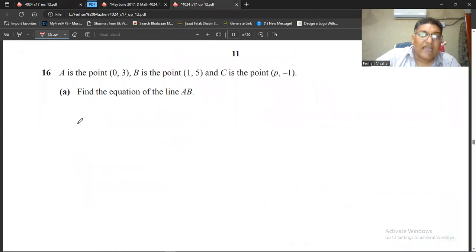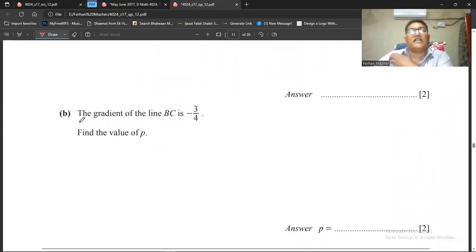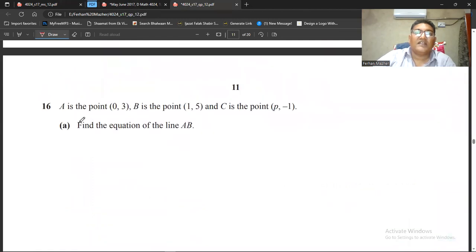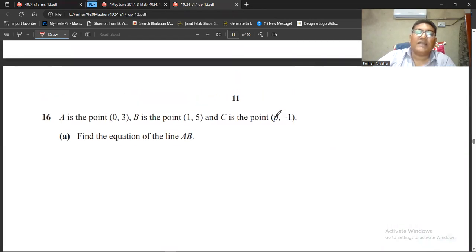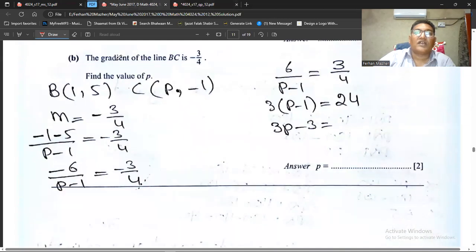Okay. Then the question is, the gradient of the line BC is minus 3 by 4. Find the value of the p. Okay. The gradient of the BC is given. The gradient is minus 3 by 4. And they want me to find out this p value. Very simple. Okay.